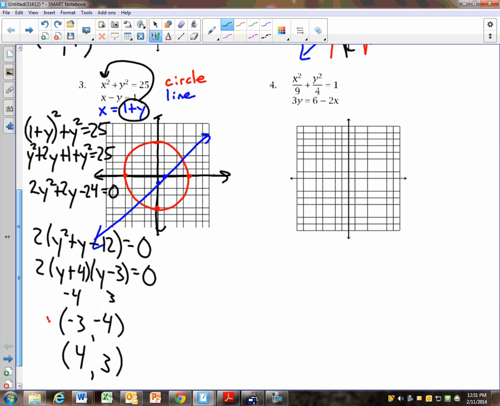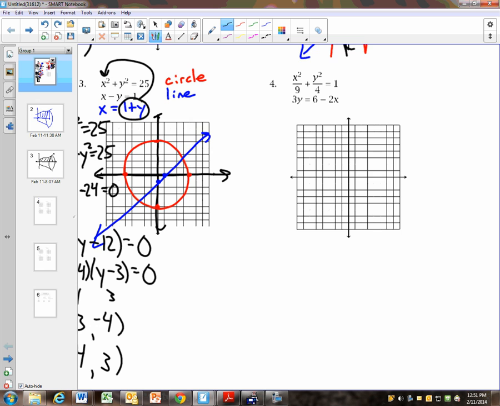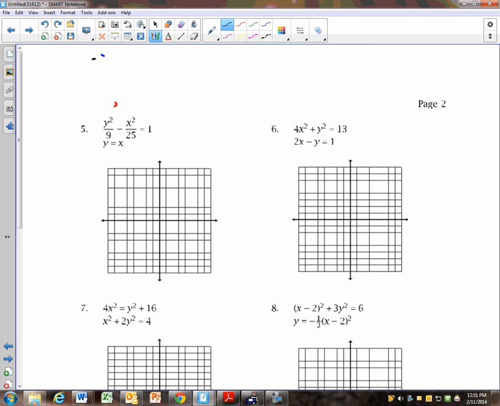Okay, we're not going to do number 4, but real quick, if you choose this, what does the first graph look like? An ellipse. Second one is a line. Look at number 5. What shape is the top one? Hyperbola, the bottom one? A line.